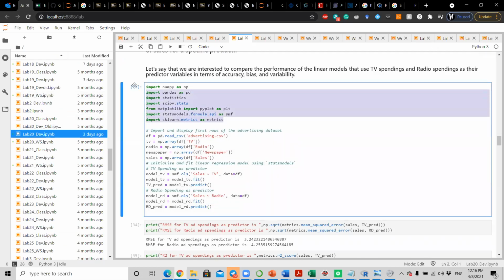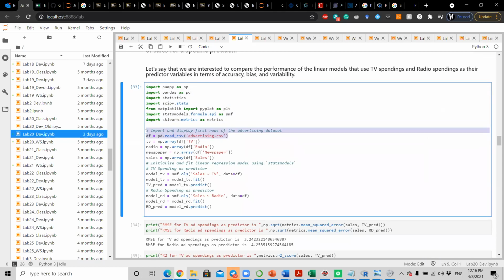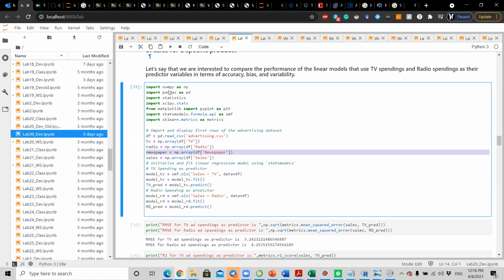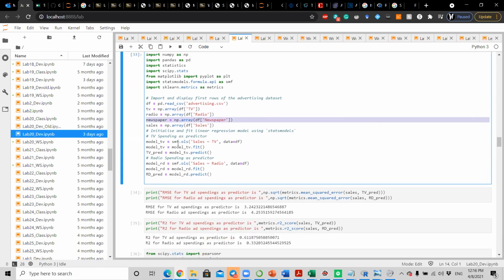I'm going to first import my usual suspects, NumPy, pandas, statistics, and so on. I'm going to import my advertising CSV. You have this from last week. And I'm going to define my NumPy arrays on TV spendings, radio spendings, sales, and I'm doing newspapers anyway, but I'm not going to use it for this example.